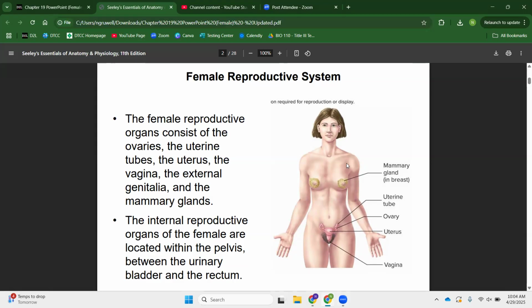Those all come into play in our female system as well. But of course, because we have different anatomy, the physiology side of things is going to be different as well. So we'll talk about that. We'll also talk about some differences, just like in chapter 18, in the actual anatomy related to the pelvis itself and the interaction between our urinary and reproductive systems in terms of location.